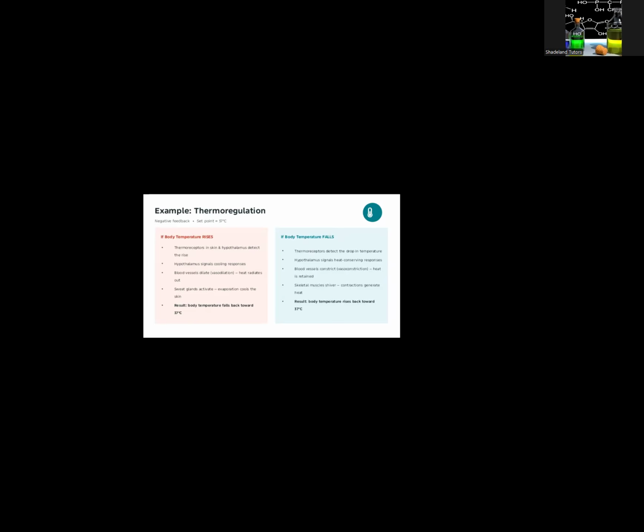Okay, Ruth says the liver regulates blood glucose level. Very correct. So what about the kidney? What do they do? Okay, sorry, I didn't see all these messages. Chimamanda says kidney osmoregulation, correct. Liver regulates blood glucose, Kamsi, correct.